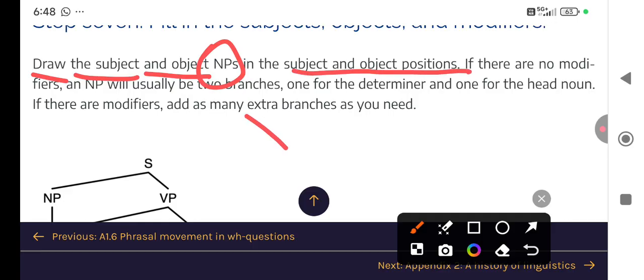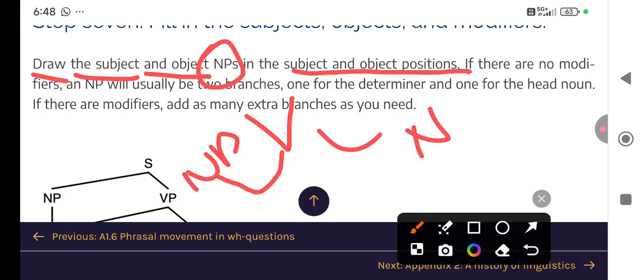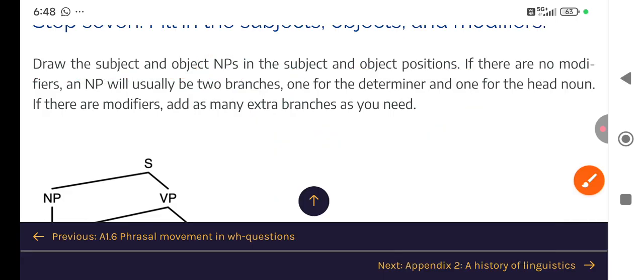Noun phrases keep the verb in the middle. Here noun phrases, here noun phrases, right? So you have to be very clear how many noun phrases are coming and on which side, left hand side or right hand side of the verb. This way you give the position of noun phrases.